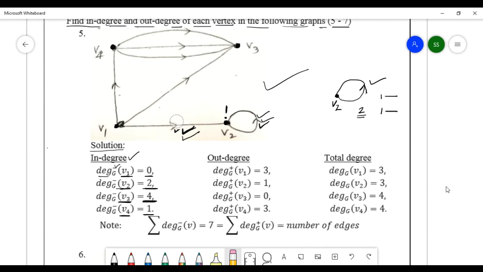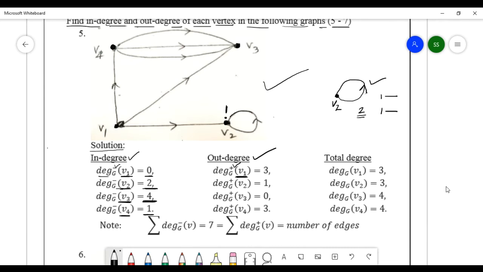Now I have to see out degree. Out degree. Okay? I have to see out degree. See this one. So for out degree of vertex V1, this sign is plus, degree plus V1, that is, out degree of vertex V1.